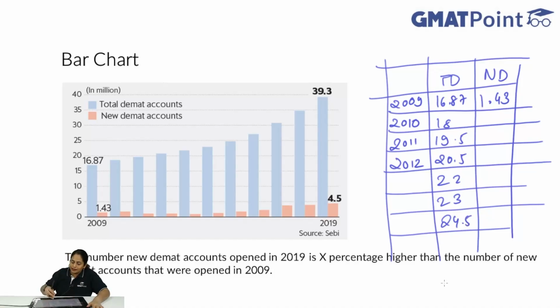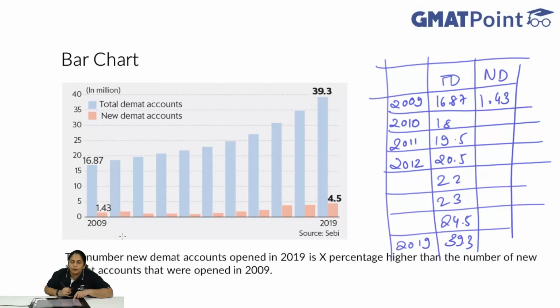I can calculate exactly how it is increasing, till finally in 2019 the number of total demat accounts is 39.3. How many are the new demat accounts? Initially it is 1.43. This is the other bar that we have to follow.